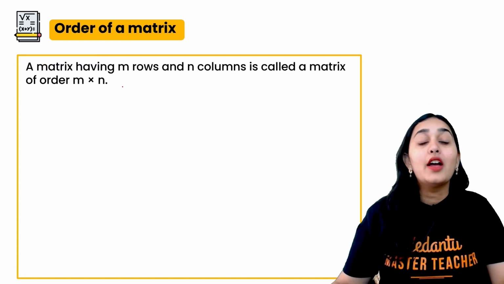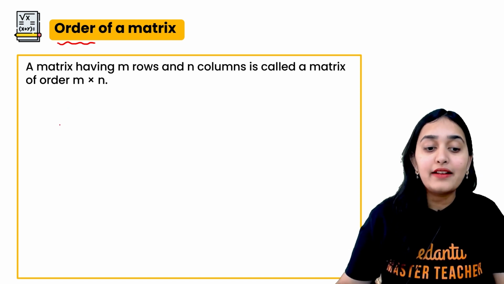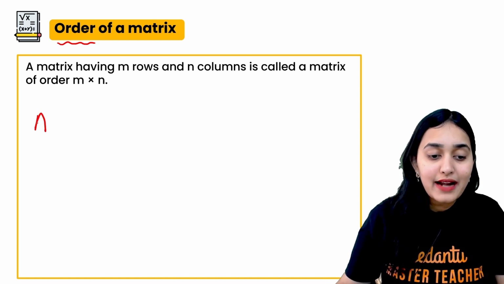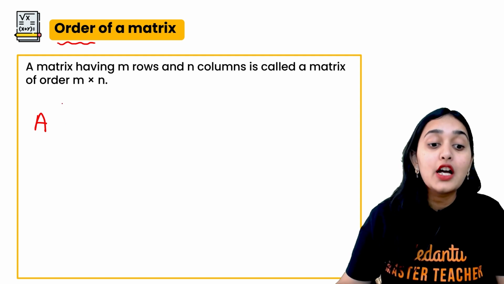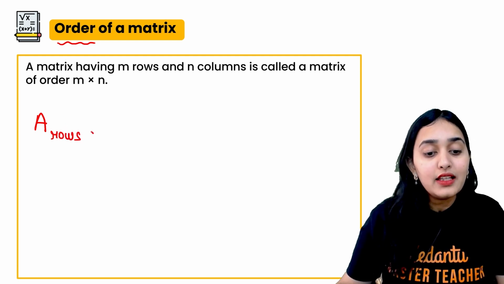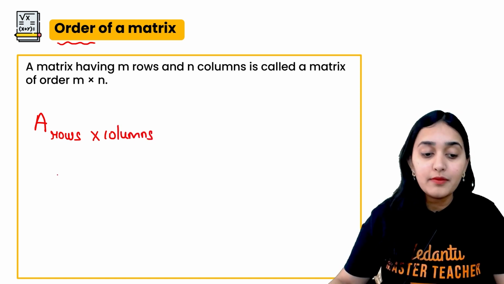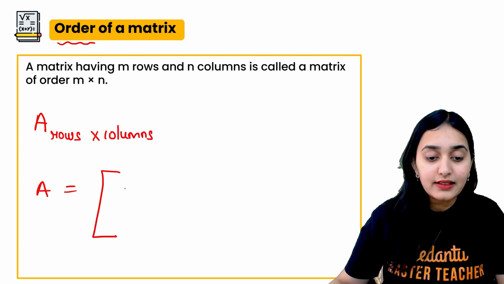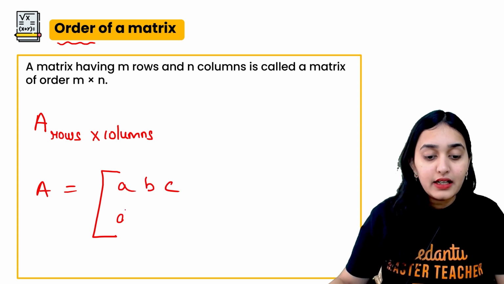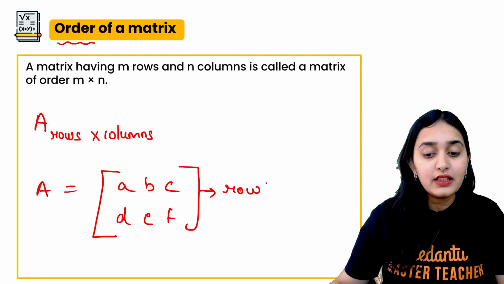Now every matrix will have an order. What is the order of a matrix? If you write the matrix name with a capital letter, you should always denote the number of rows and the number of columns it has. Now what are rows and columns? Suppose you have written a matrix like this: A, B, C, D, E, F. This is called row number 1. This is called row number 2.